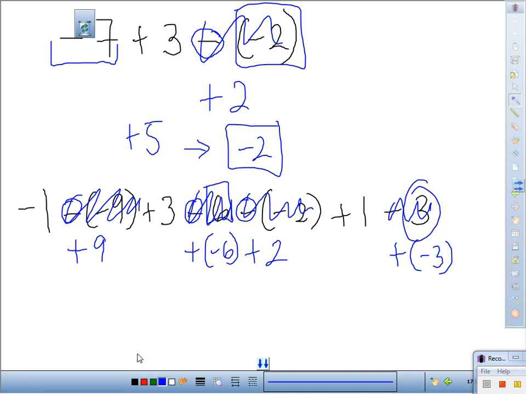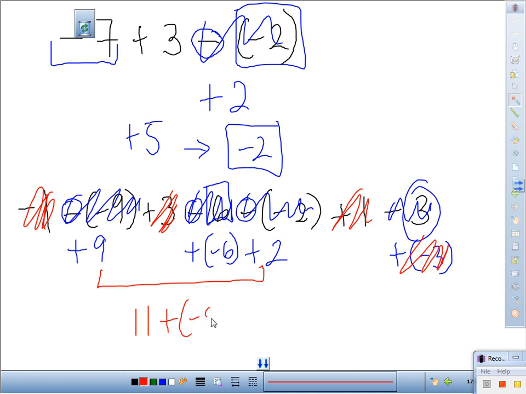Do we have any zero pairs? 3 and negative 3. What else? 1 and negative 1. Anything else? No. What is 9 plus 2? 11 plus negative 6. So the simplification is 5. And we got that. Okay. We got this, yes? All right.